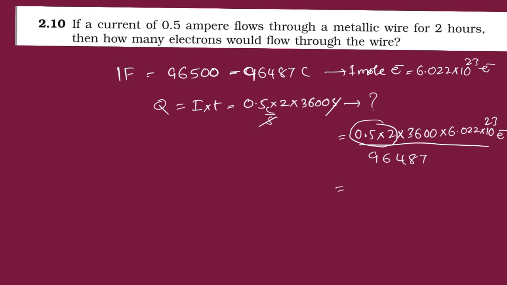Now if you multiply and divide all these, you will get 0.2246 into 10 power 23 electrons. Therefore shifting the point to the right, 2.246 into 10 power 22 electrons. These many electrons are present.